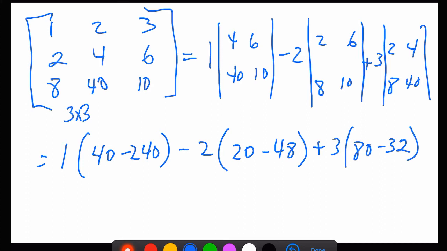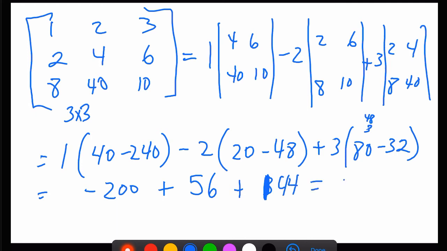Do we agree? So that's minus 200, plus 28 times 2 is 56, plus 3 times 48, that's 144, and that equals 0.